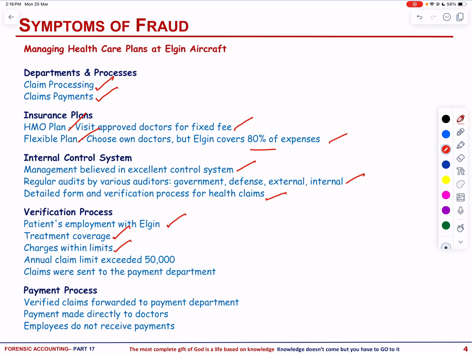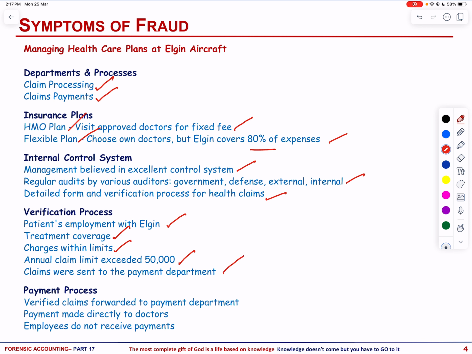If individual claims for the year exceeded 50,000, they were sent to the insurance company. The employee's insurance plan and the accuracy of payment calculations, once verified, the claims were sent to the payment department.